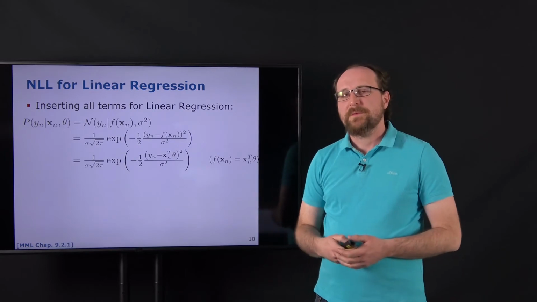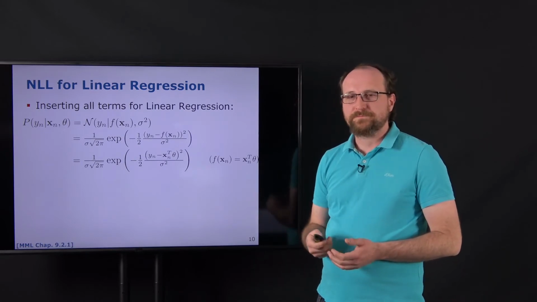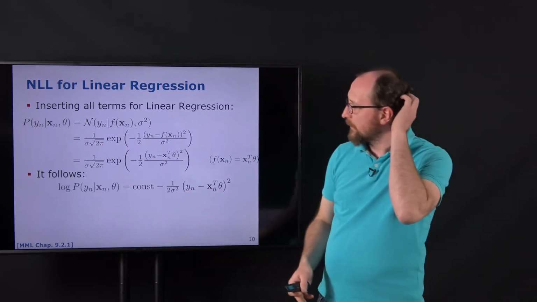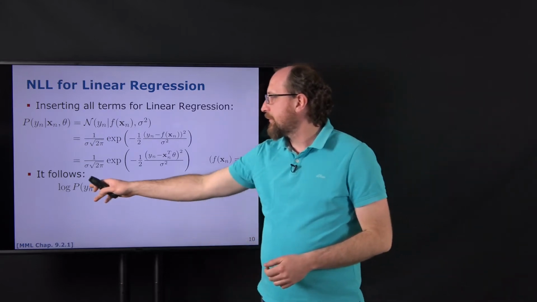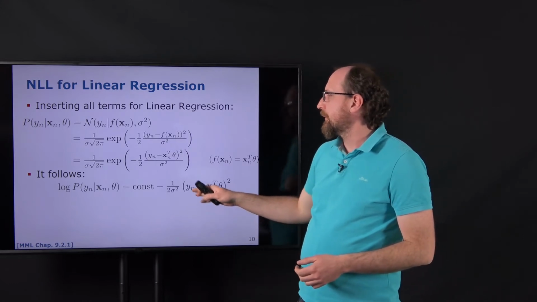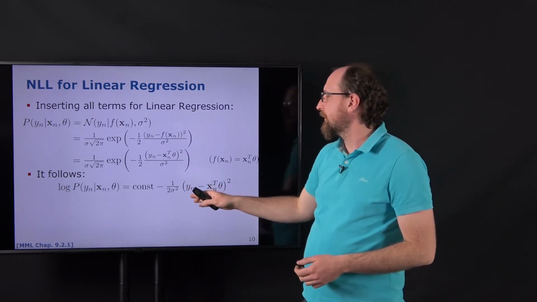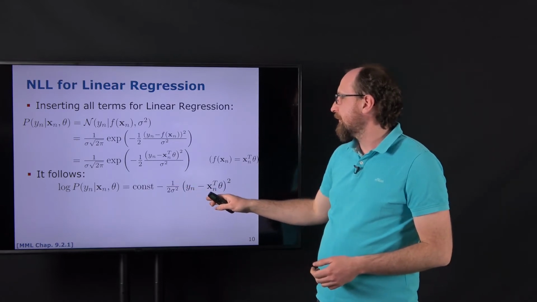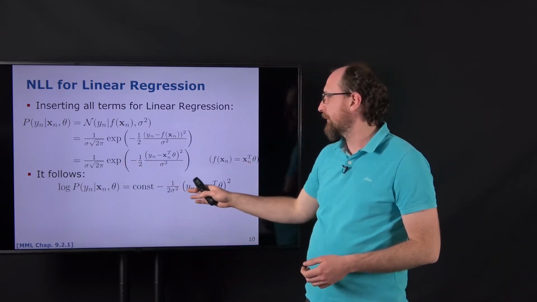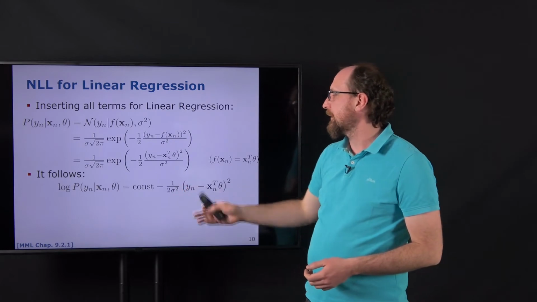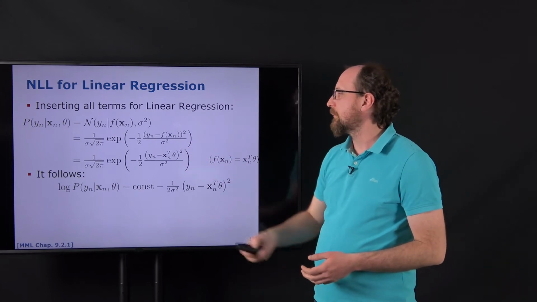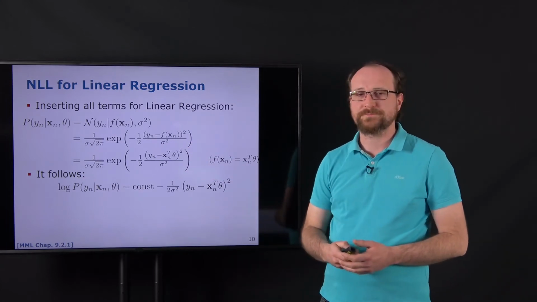And as I said, when we now use the logarithm of the probability of this likelihood, we can use the logarithm to simplify these terms. The logarithm turns this function basically into a function where we have some constants, and the exponential goes away, and then we have the remaining part of this whole normal distribution here.